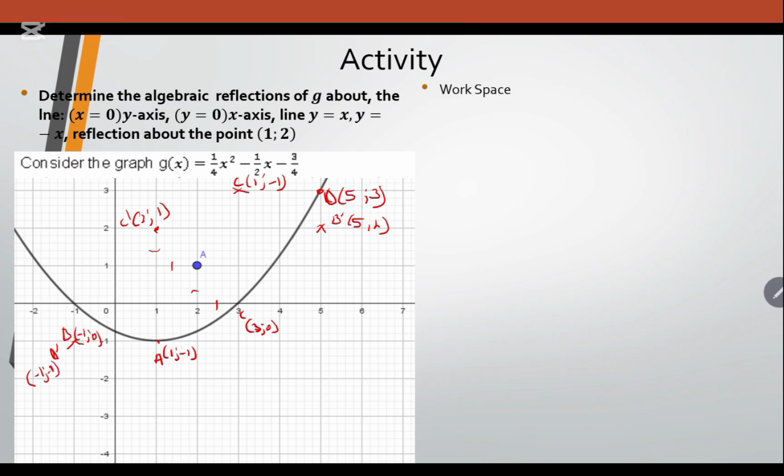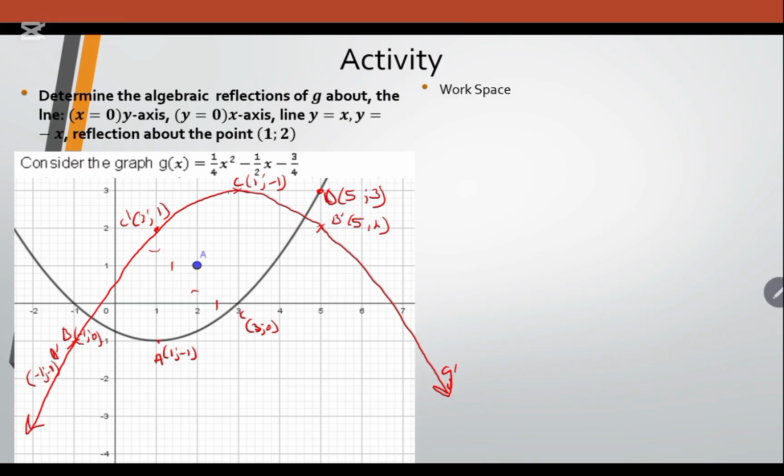So the graph will simply go through like that. So this is the graph. This is the reflection of g through the point 1 and 2.